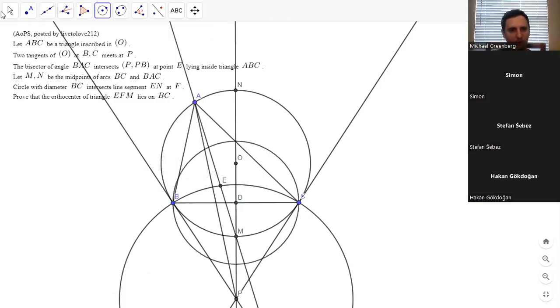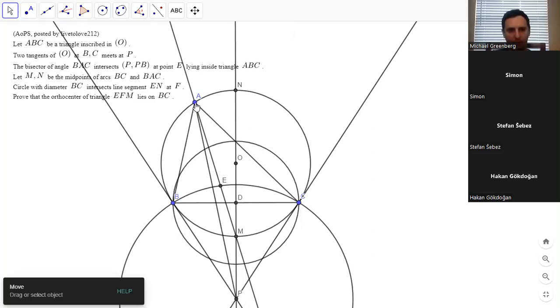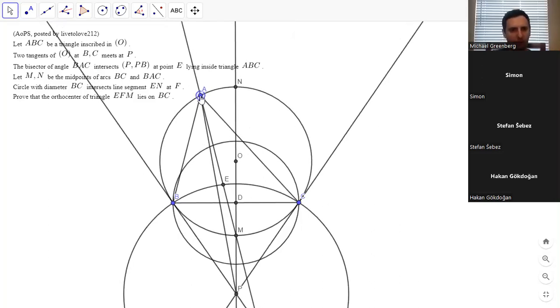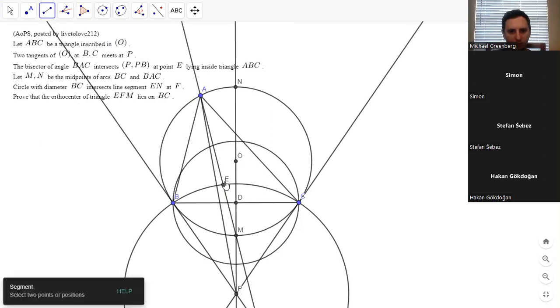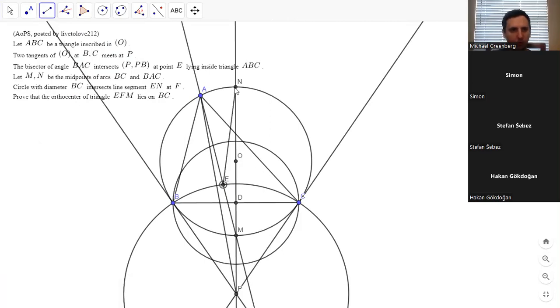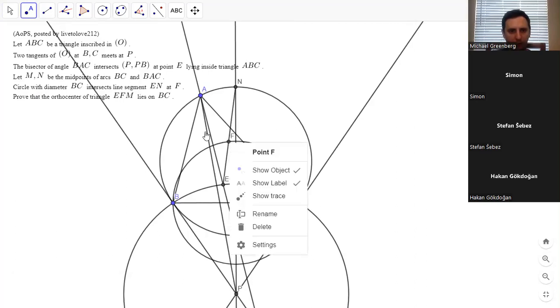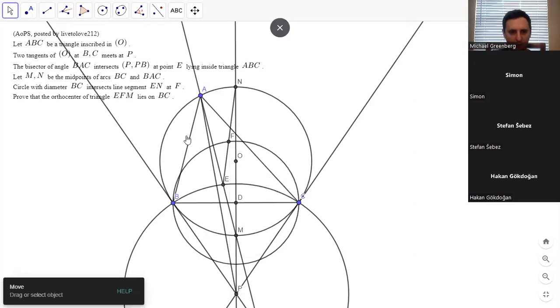It intersects, I don't want to make it look like those are concurring. That's a little better. It intersects segment EN at F. So that's point F. And we want to show the orthocenter of EFM lies on BC.